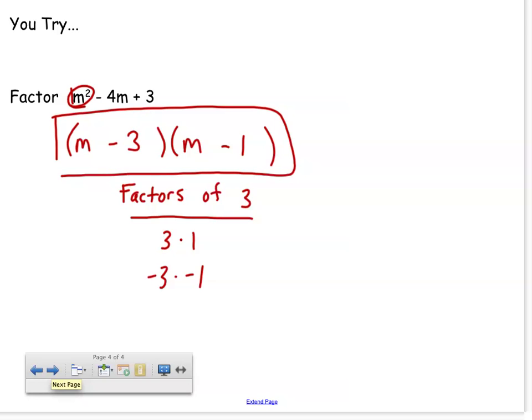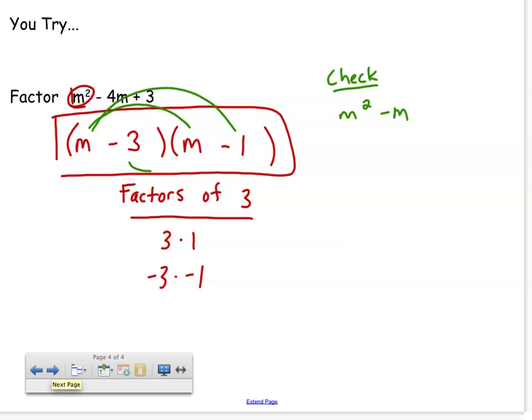So now that you have it factored, what I would recommend doing afterwards is just checking quickly. And the way we check is by using the distributive property, or as you know it, FOIL. You multiply m times m to give you m squared. This is your check. Then you multiply m times negative 1 to give you negative 1m.